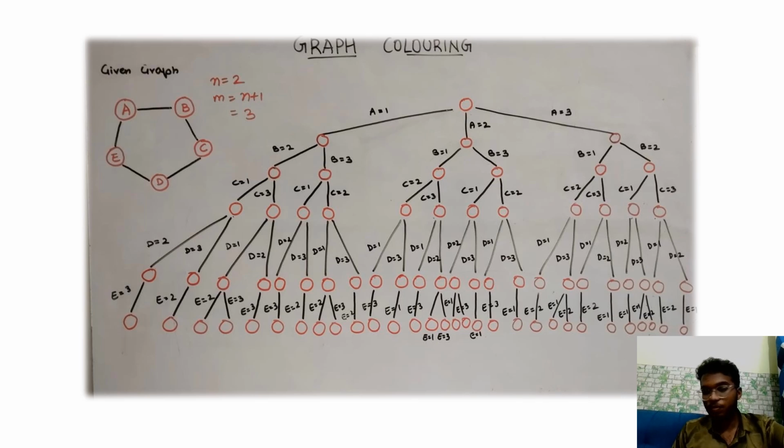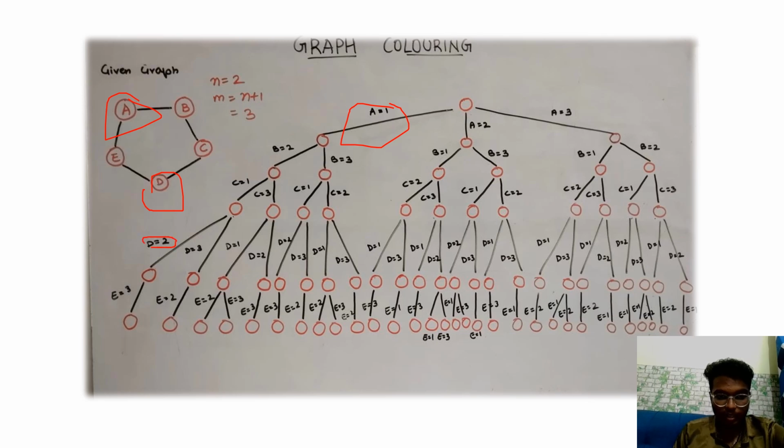The reason we color vertex E with only the third color is that A is already colored with the first color, and D is already colored with the second color.